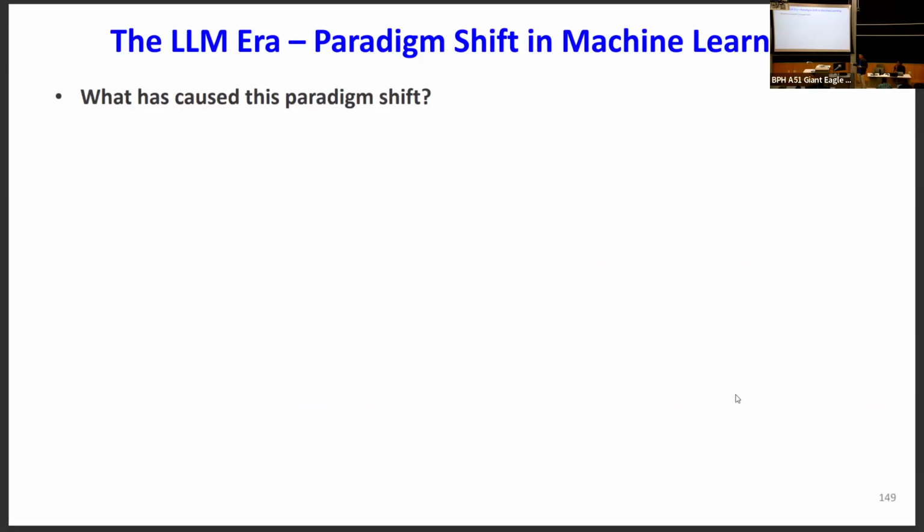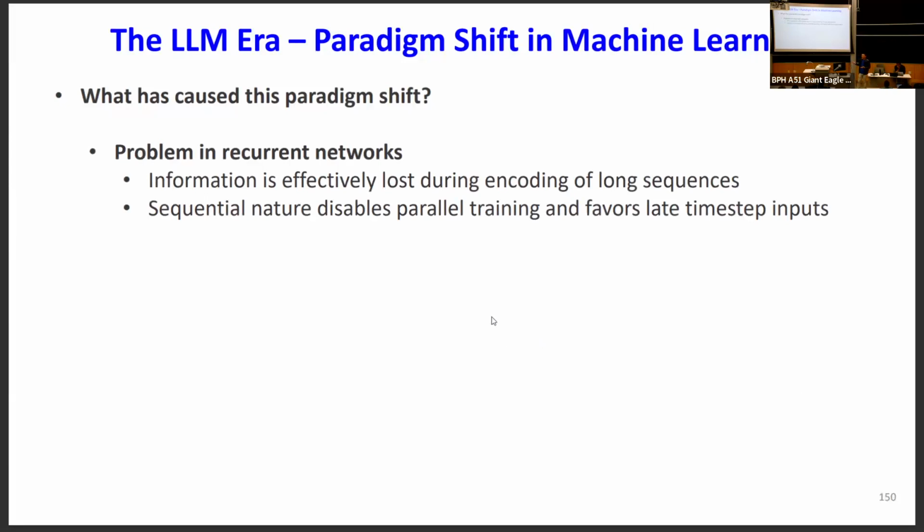All right, so yeah. What has caused this paradigm shift? If we take a look back at how we got here, the problem of recurrent networks, which is what got us into the discussion of attention in the first place, is that, remember, in recurrent networks, information is lost during the encoding of a long sequence, right?